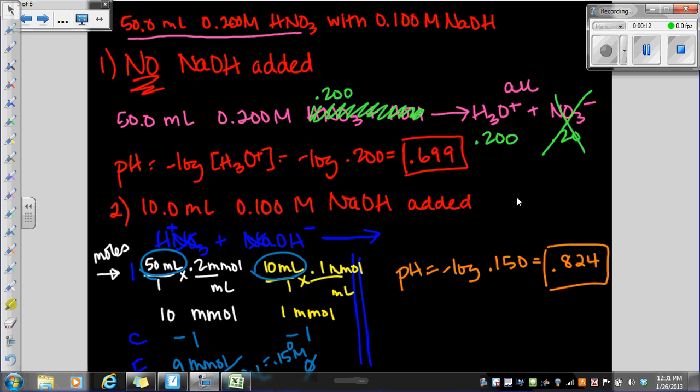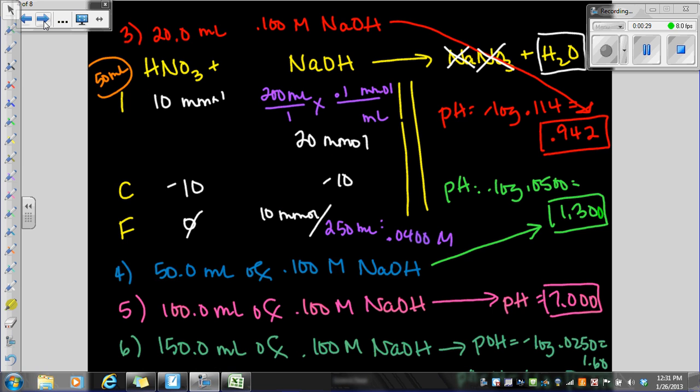If I go back to where we had all acid, no base, 0 milliliters of base, pH of 0.699, 10 milliliters of base, pH of 0.824. 20 milliliters of base, pH of 0.942. 50 milliliters of base, pH of 1.300. 100 milliliters of base, pH of 7, because we're at the equivalence point.